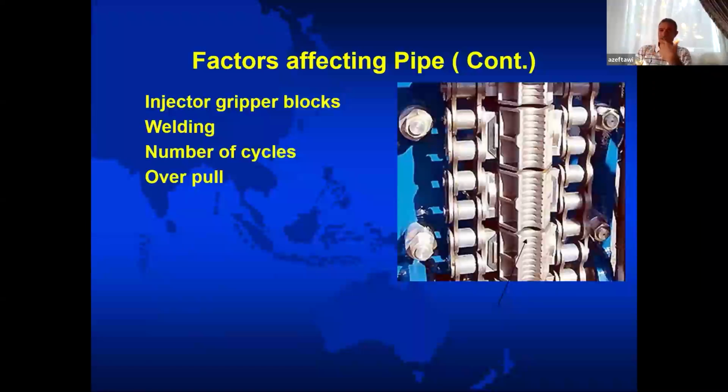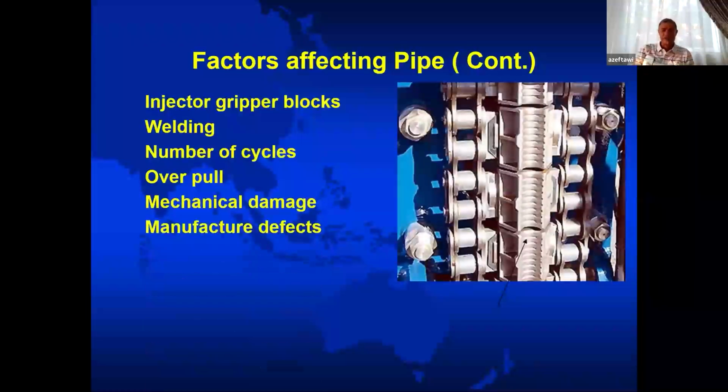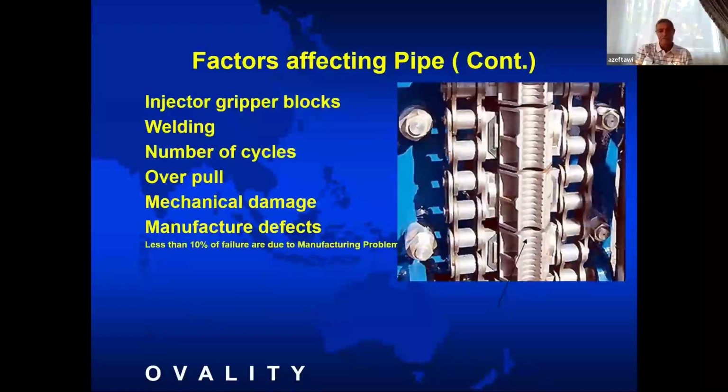The overpull, because if you get stuck and you need to overpull, the overpull creates extra axial stress. So this extra axial stress affects tensile strength again, and again it affects all the properties of your pipe. Mechanical damage and manufacturer defect, this is common. There might be a problem with the manufacturer process, so there are defects which might happen.